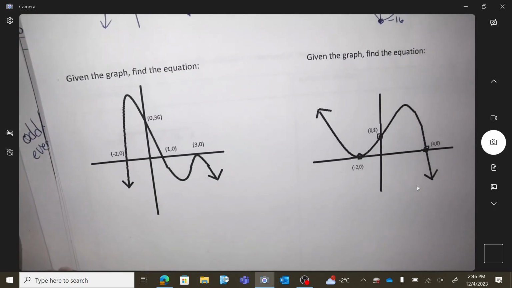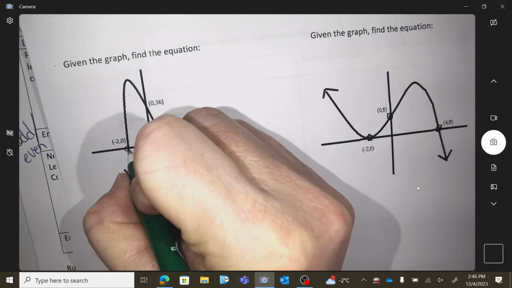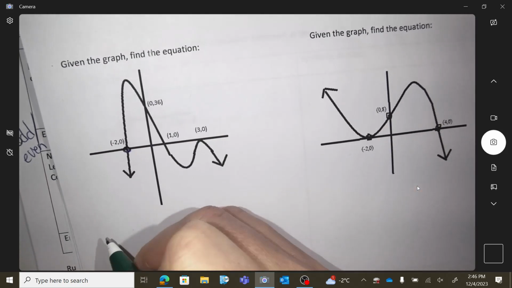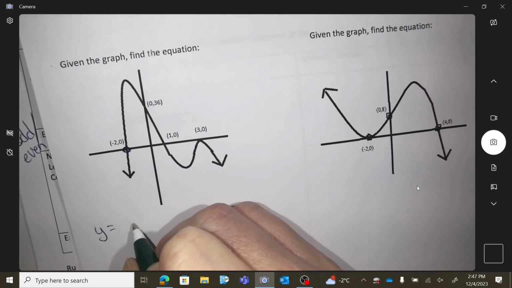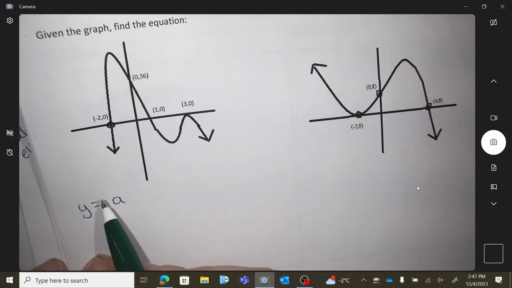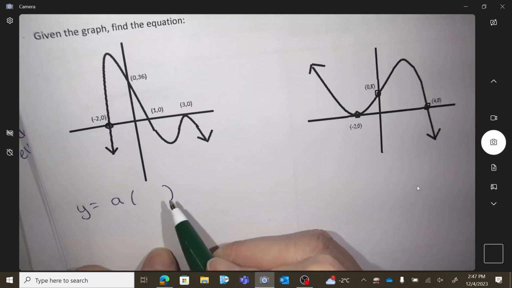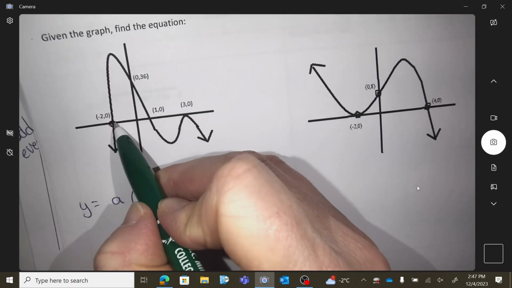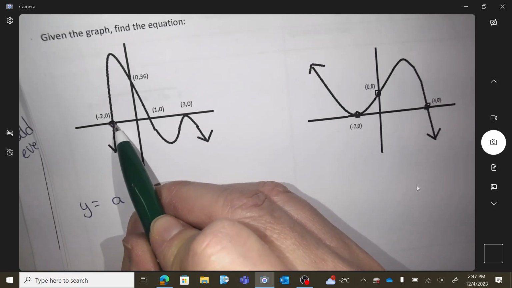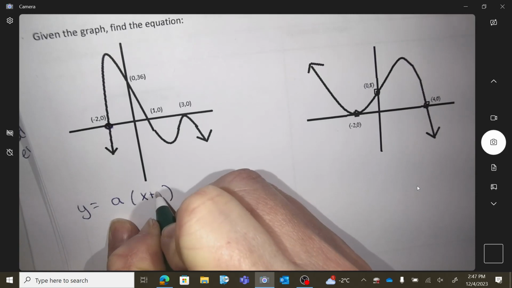Okay, we're gonna go backwards here. Okay, y equals some coefficient times a factor. If it has an x-intercept at -2, the factor is x plus 2.